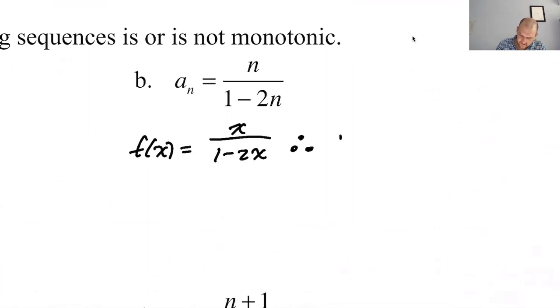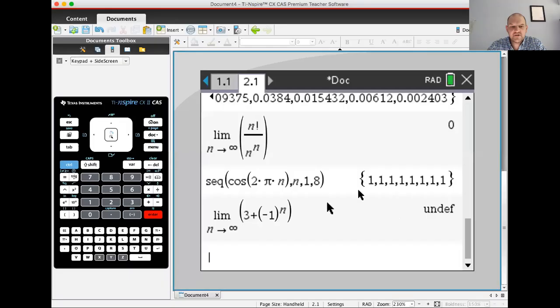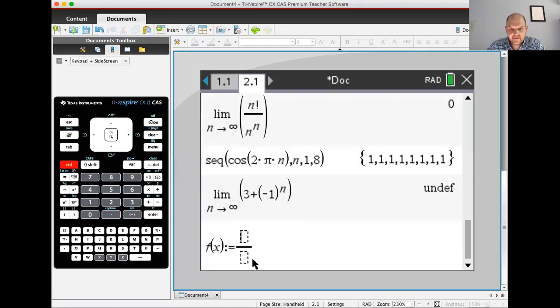Therefore, a sub n is equal to f of n, right? So now we have a function we can work with. I'm just using the calculator. So f of x is x over 1 minus 2x.